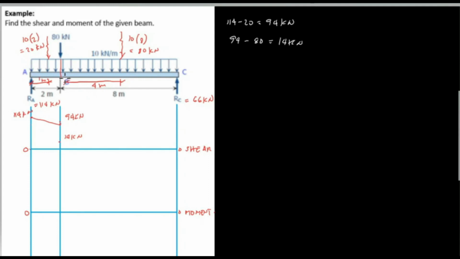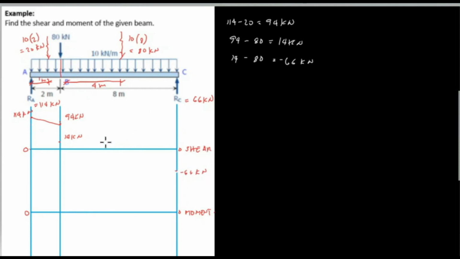We have a uniform load from B to C, which is 10 kilonewtons per meter, and the resultant is 80 kilonewtons. We drop again because the direction is downward, and the value is 14 minus the downward 80, which means you have a value of negative 66 kilonewtons, and it will be at point C. So the destination is point C, and this is the value for C, designated as negative 66 kilonewtons.